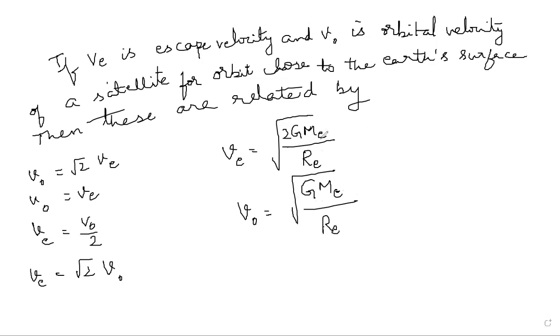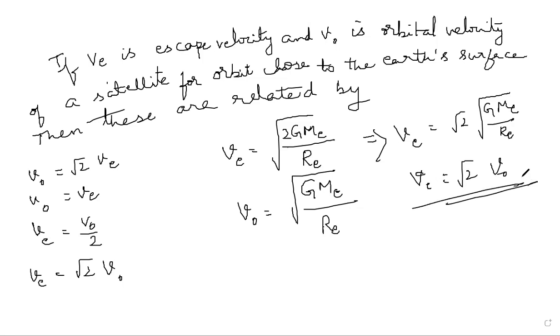Now, if you observe that, you can write this as VE is equal to root 2 into root of GME divided by RE. But root of GM divided by RE is nothing but V naught. So VE is equal to root 2 V naught. So option D. Okay, I hope you are clear with that, right? So just using the formula, you are going to simplify that. No issues regarding that, right? Okay.